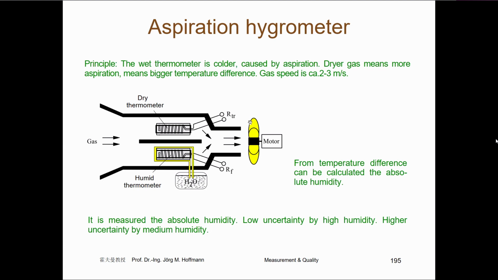And then you have an electrical engine, a motor, and you suck the air through both ways, to the dry thermometer, where you measure the temperature of the gas, of the air, for example, and on the other side you measure the gas over the humid thermometer.